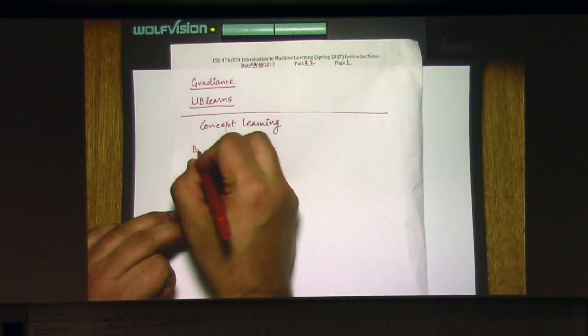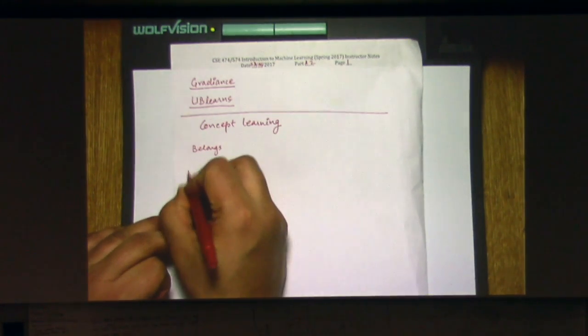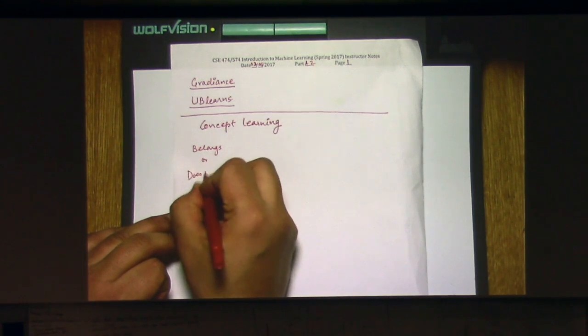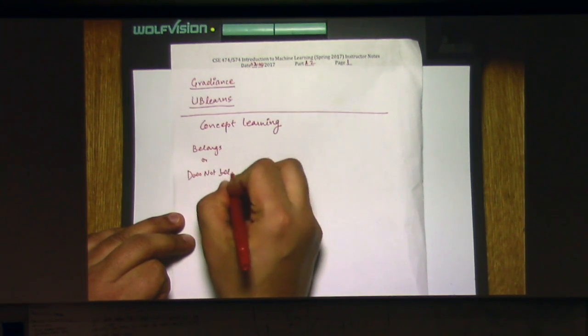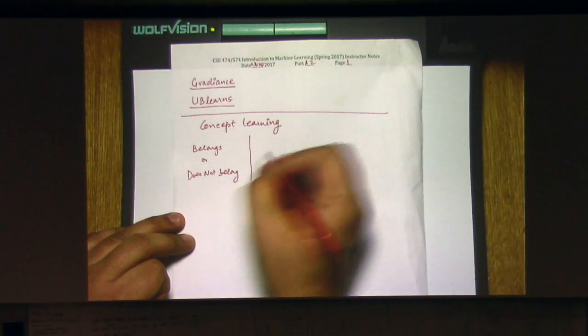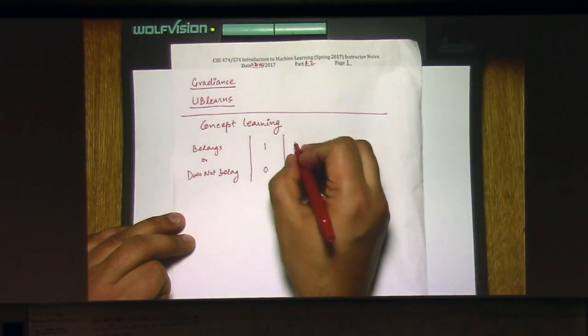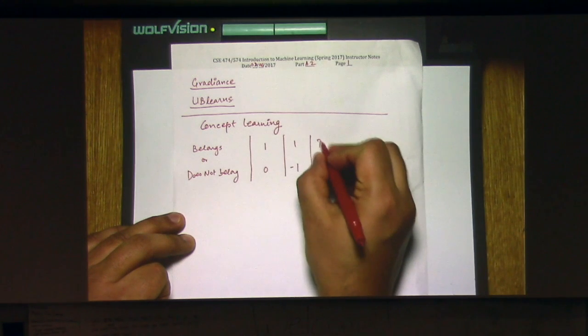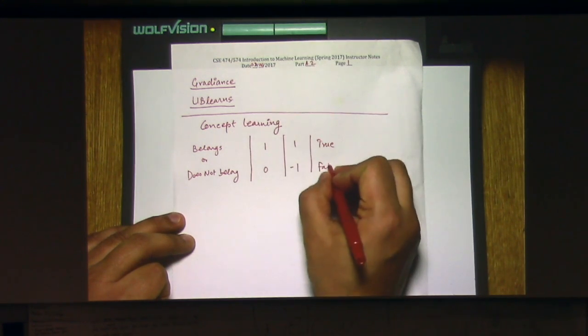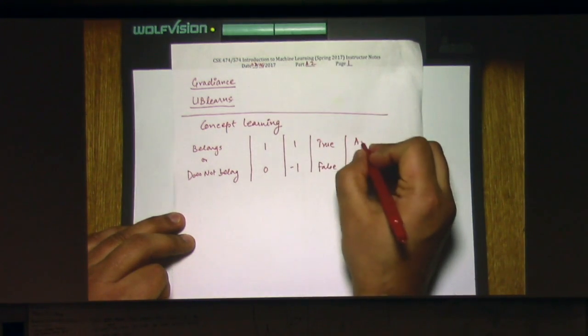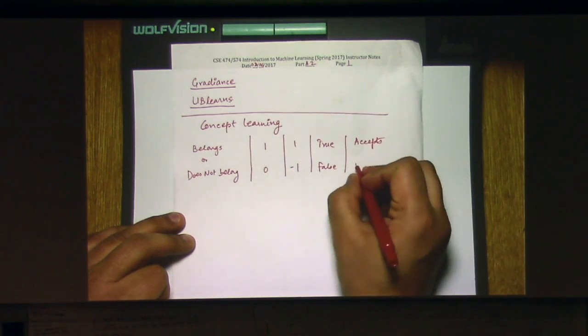So belongs or does not belong, 1 or 0, 1 or -1, true or false, accepts or rejects, right?